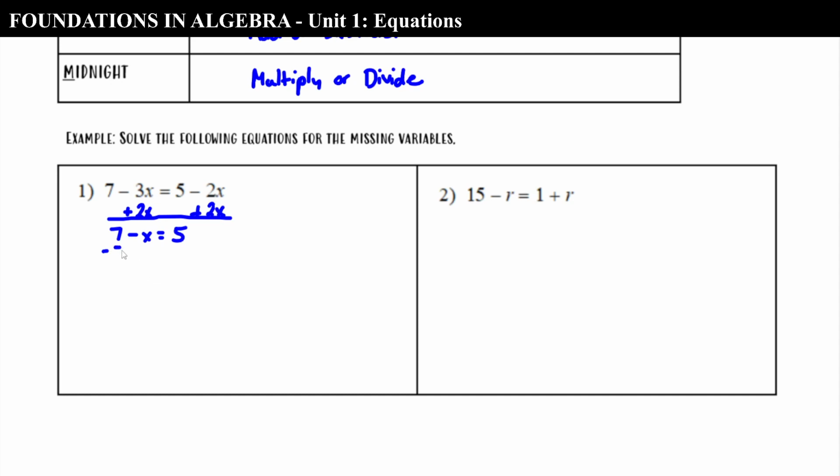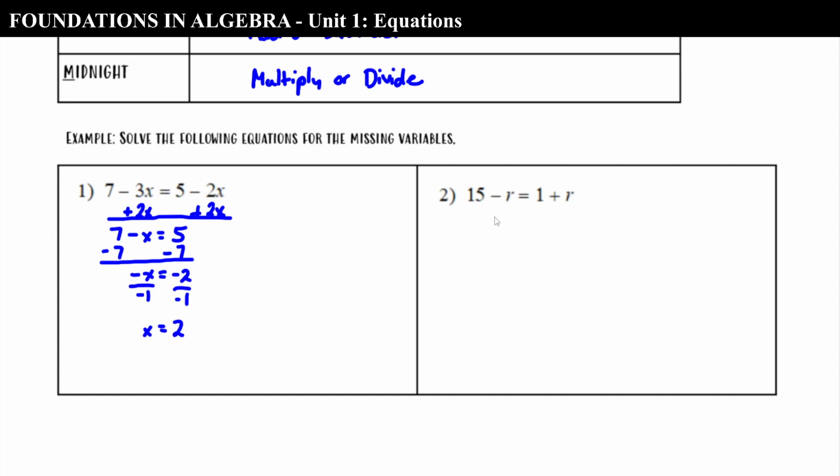Then we're going to subtract our 7 from each side. And that leaves us with negative x equals negative 2. But we haven't got x by itself yet, so we need to either multiply or divide by negative 1. So let's divide by negative 1 on each side. That gives us x equals 2.